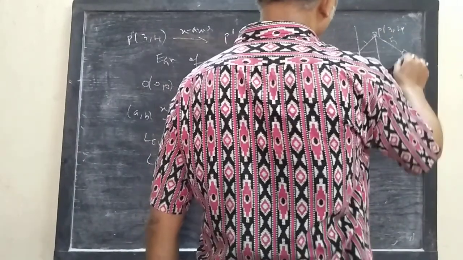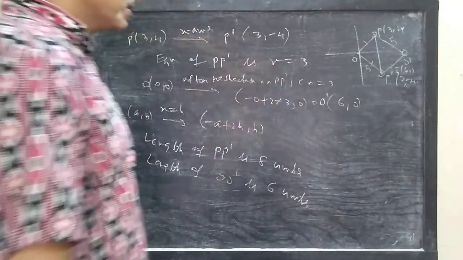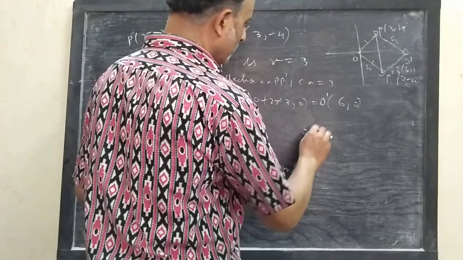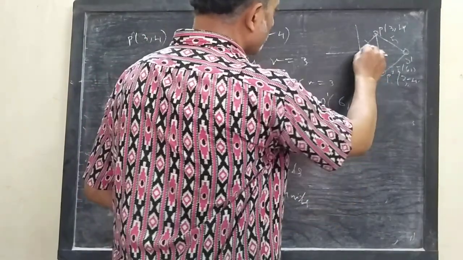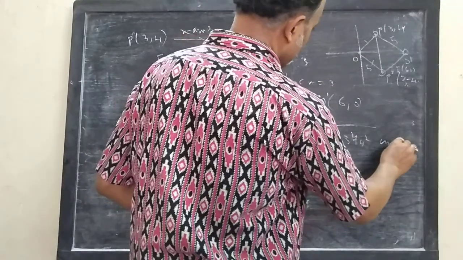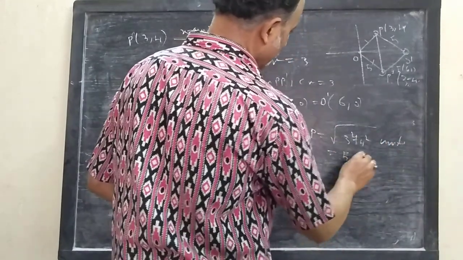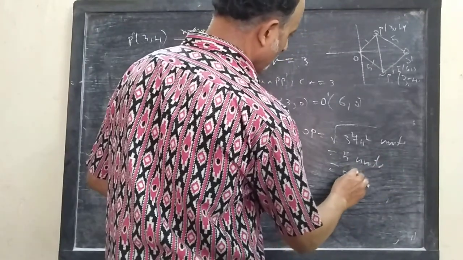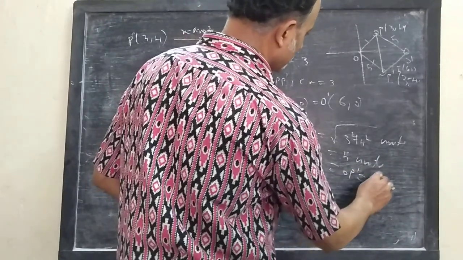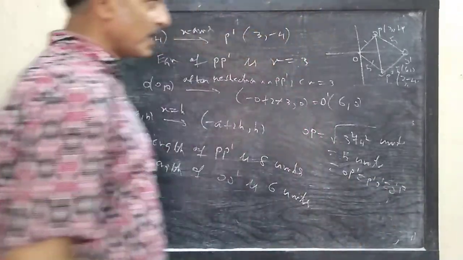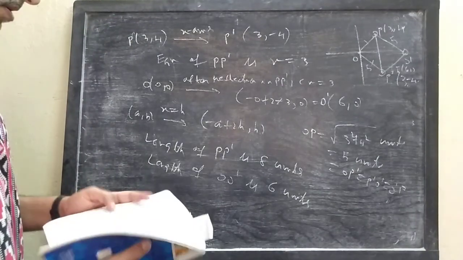All the sides will be of length 5 units. So first find OP. OP is the square root of 3 squared plus 4 squared units, that is 5 units. This equals OP' equals P'O' equals O'P. So each side is of length 5 units, so its perimeter will be 20 units.